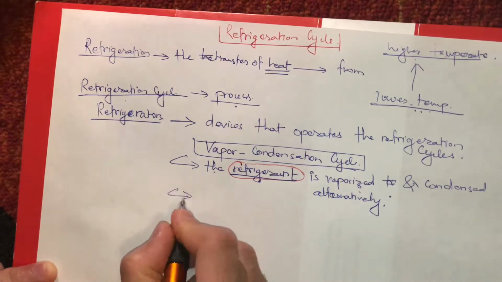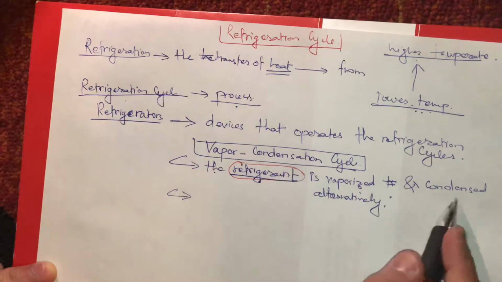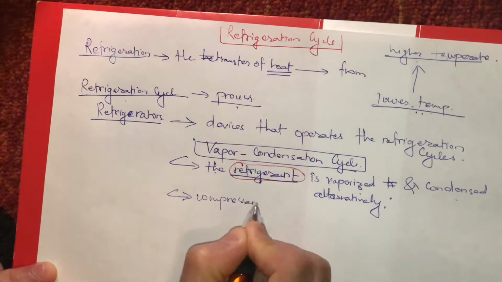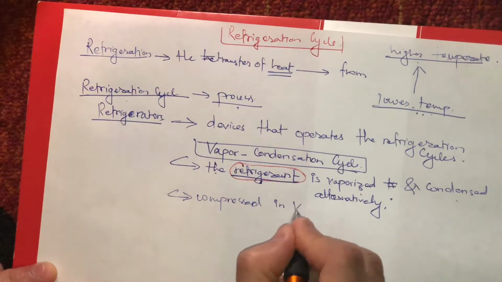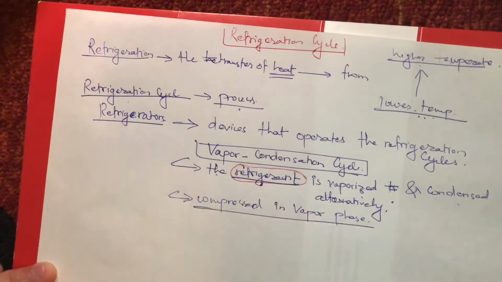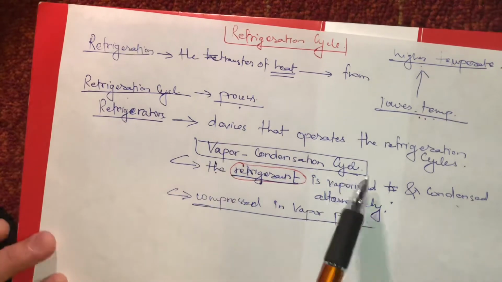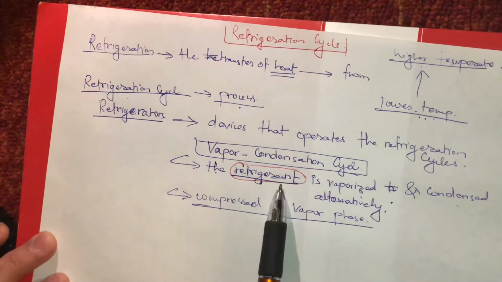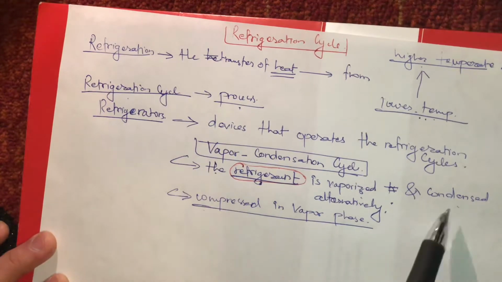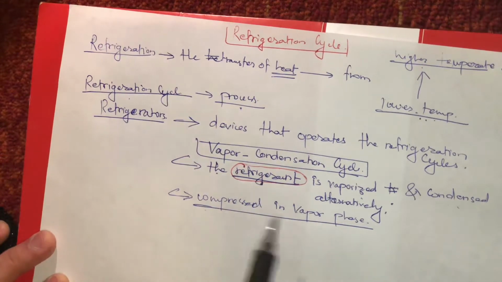The second thing that happens is the condensed refrigerant will be compressed in vapor phase. These are the really interesting things here.